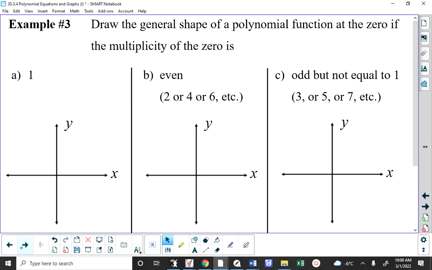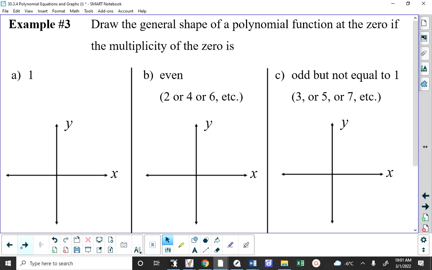And what I'm going to tell you right now is the shape around an x-intercept with a multiplicity of 2 is the same as the shape around an x-intercept with a multiplicity of 4 or 6 or 8 or 10.